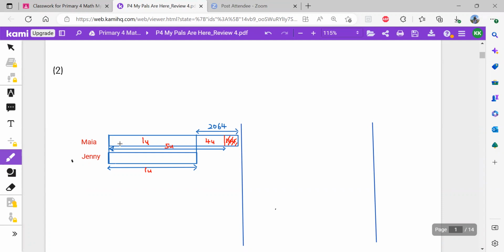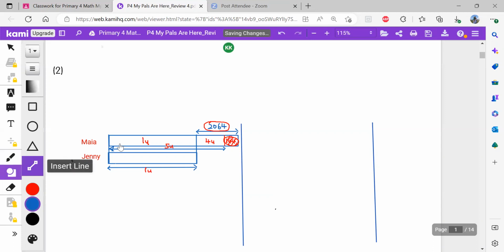All right. And the second thing I can see is, if I know this is 2064 and this part here is 144, am I able to find what this part is? I can. It's simply 2064 take away 144, because I know that these two parts will add up to 2064, isn't it?